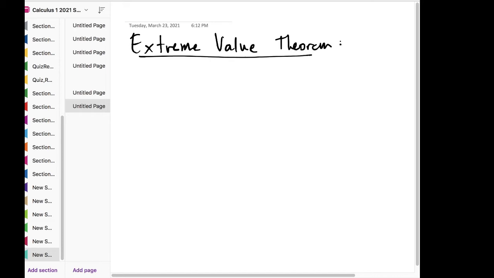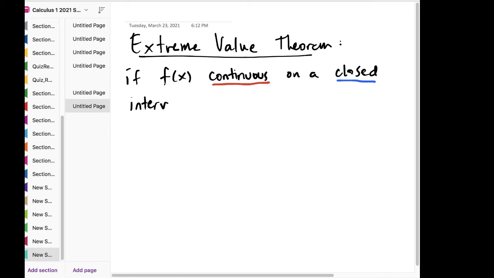If you have a function that is continuous on a closed interval, we'll call it AB.